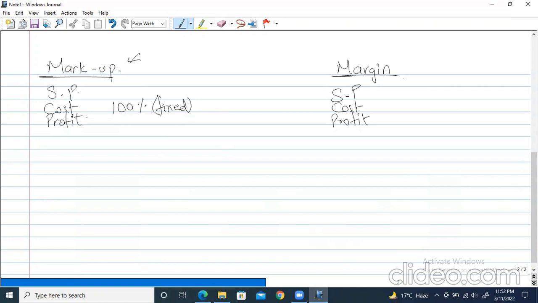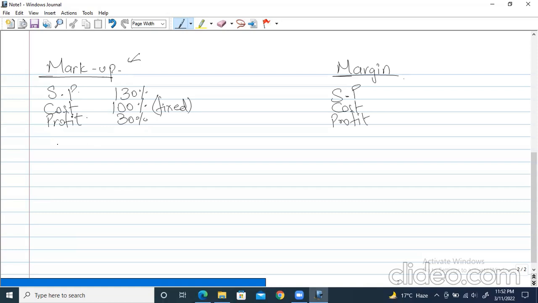Now let's say there was a profit markup given in the question of, let's say, 30%, right? So if this is 30%, I'll add it to the cost, then I'll reach the selling price, which will be 130%, because it's a sum of cost and profit, right? And similarly, if I take out this 130 from 100, I'll just be left with 30%, right?